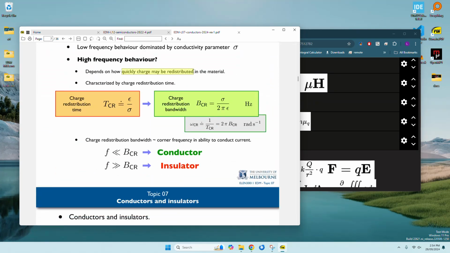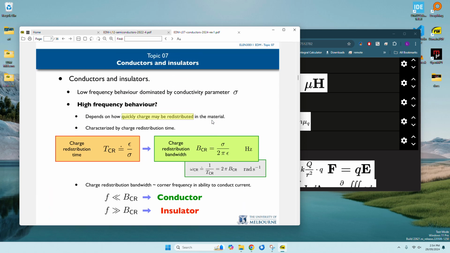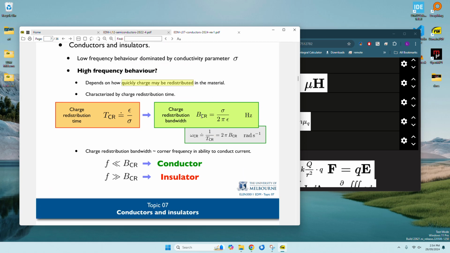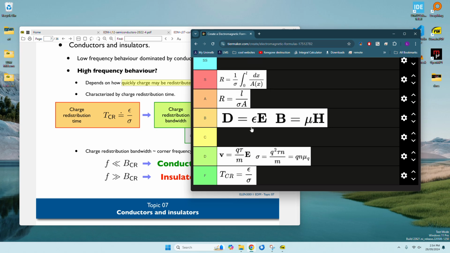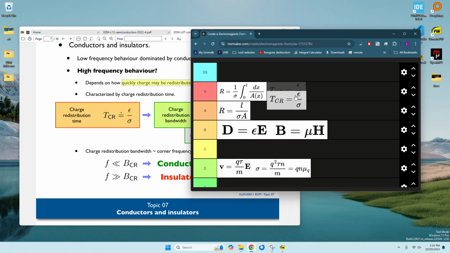So how quickly charge can be redistributed, which is important for things like the skin frequency. It just tells you that you need copper, basically, if you want to use any high-speed connections or data processing, whatever. It's pretty important.